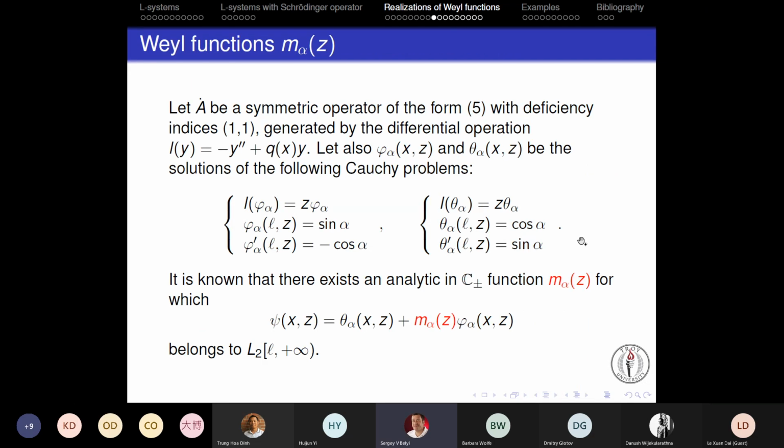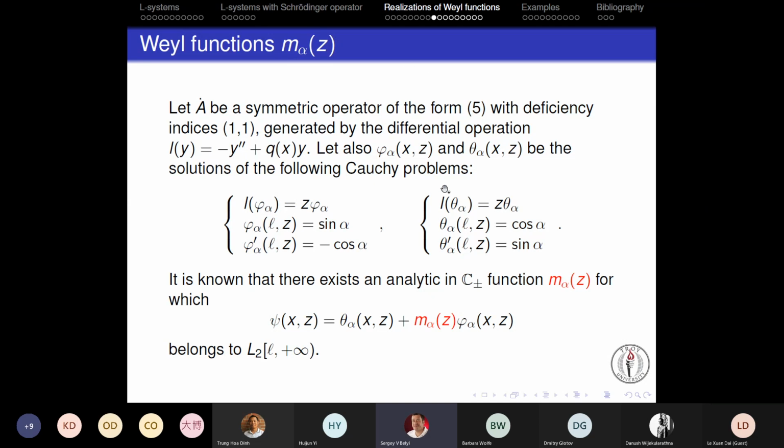Then we decide to take the same problem to a little bit next level and consider a sort of generalization of M infinity. See, terminology here is different for different groups of people who work with that. Let's call them Weyl function, not Weyl-Titchmarsh, but Weyl function here. So parameter alpha is thrown in.